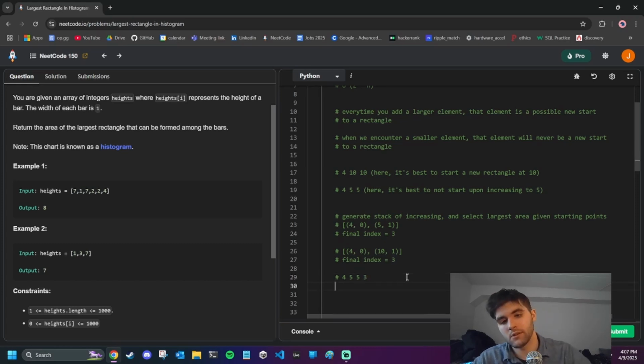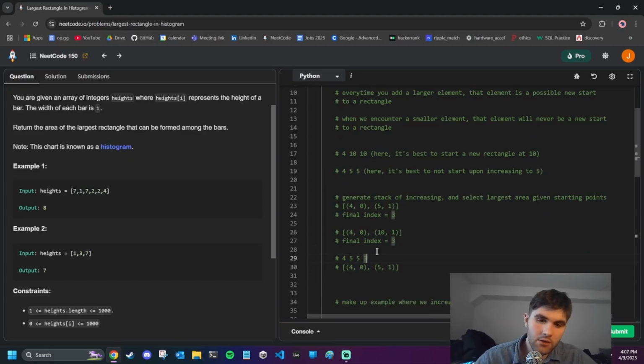But don't we still need to know that information? So we would say like, okay, we increased at 4, 0, and then we increased again at 5, 1. But then we decrease to 3. So does this element become 3? And does this element also become 3?